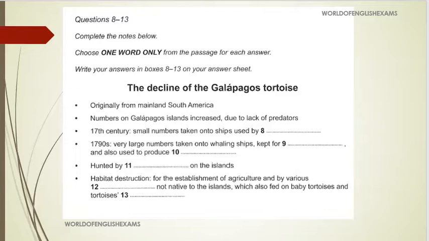Do pause the video if you require more time, but this is ideally the time that you need to follow. Okay, now I'll show you the text. To make things easier, I'll also paste the questions in the same slide so that you can just see for yourself and answer the questions.